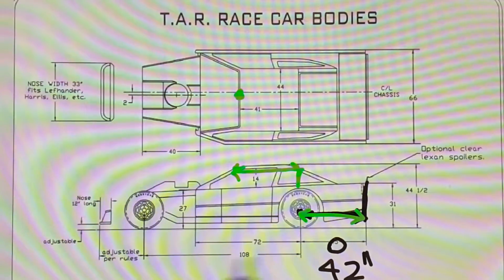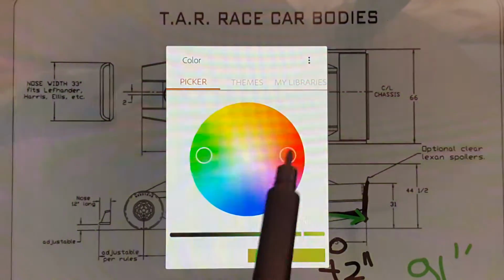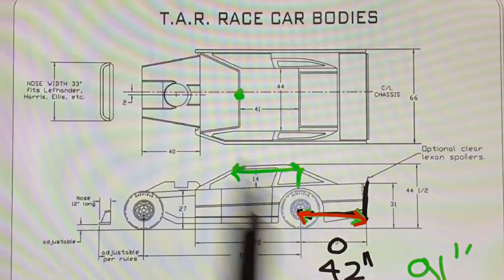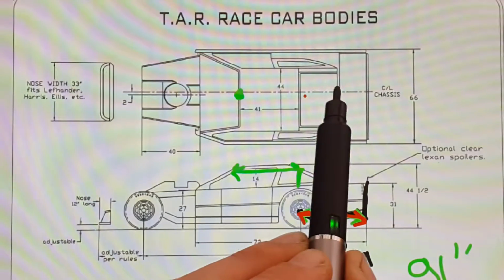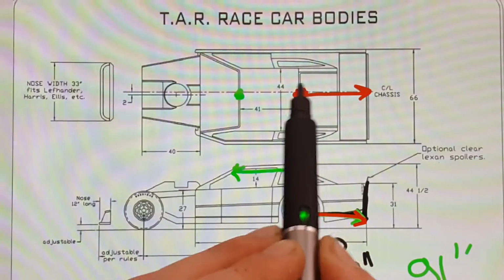This distance. In the 1991 modified division series, this is how they want you to mount the frame to the body. They want you to have 42 inches between the center of the rear axle, which would probably be somewhere here, to the end of the body.